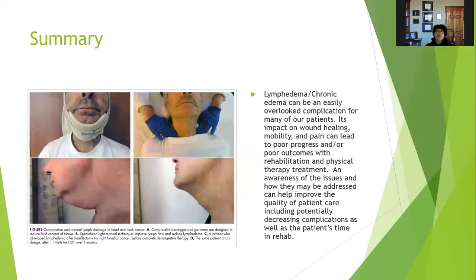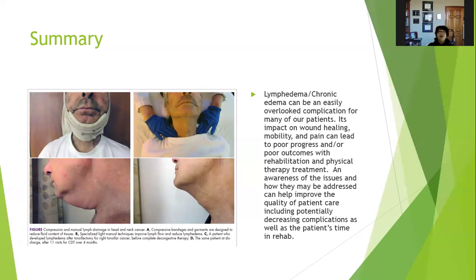So, lymphedema or chronic edema can easily be overlooked as a complication for many of our patients. It has an impact on wound healing and mobility. Pain can lead to poor progress or poor outcomes with rehabilitation and physical therapy treatment.